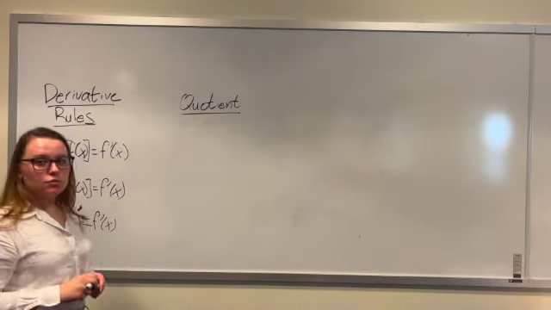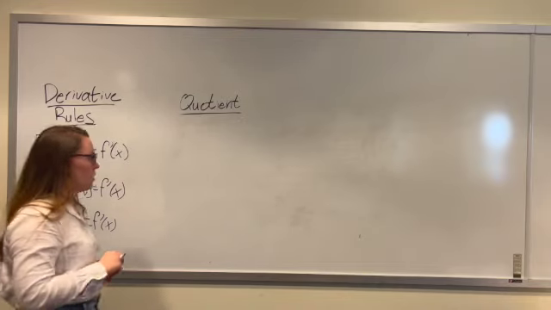Next up we have the quotient rule, which is, I have to say, the most annoying one to use.